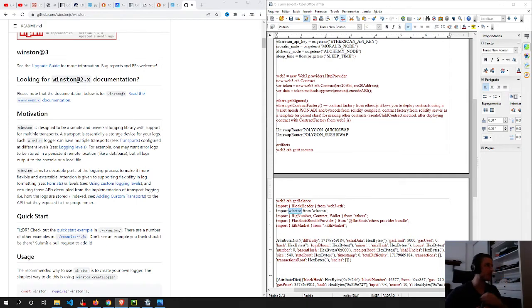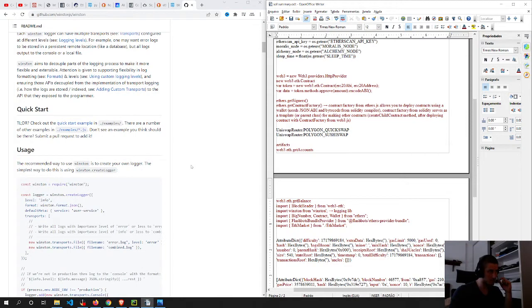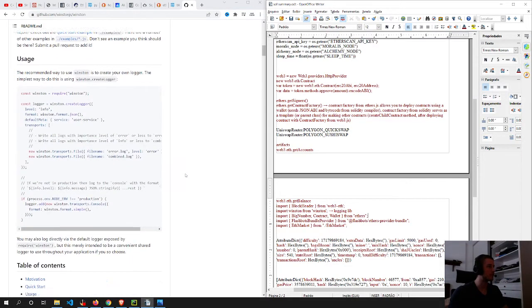So it seems like Winston is a logging library. The way to use Winston is to create your own logger, the simplest way.